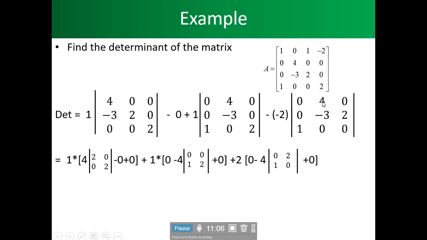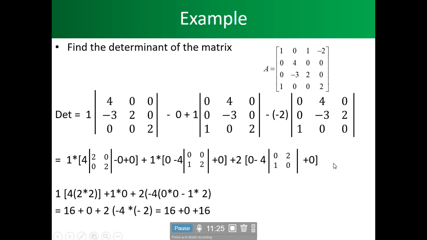Then, since this is plus, this is a minus, so there's a minus 4 that comes out here, and we're going to have these two here and these two here. Then we multiply times 0 again, so that all equals 0. Okay, so how do we work that?